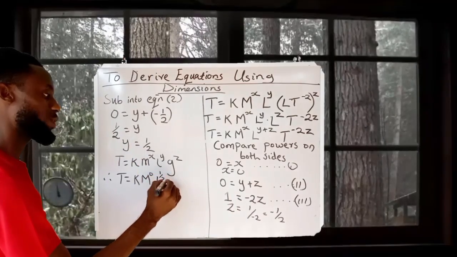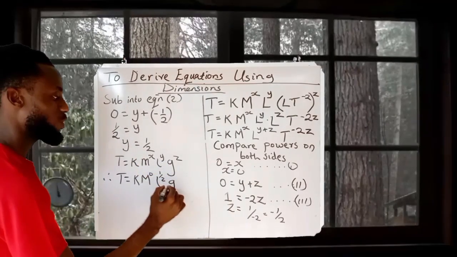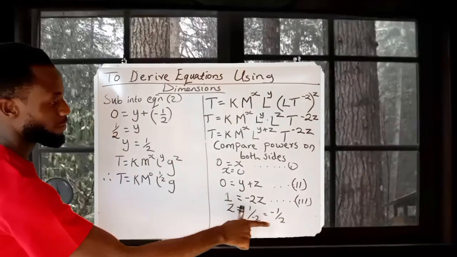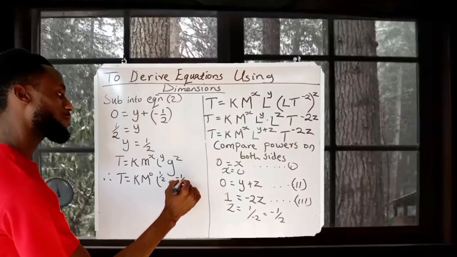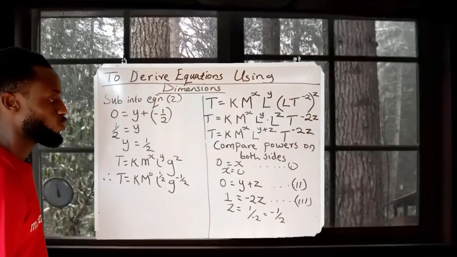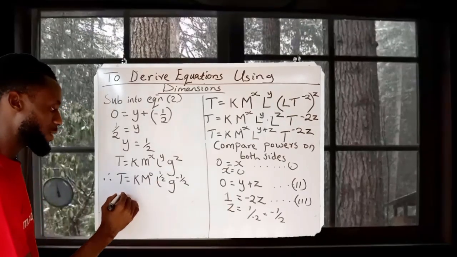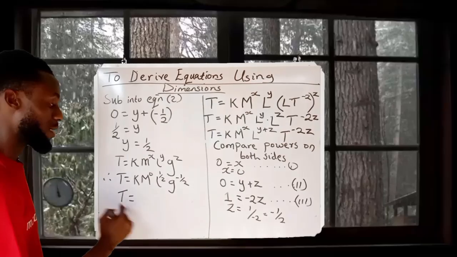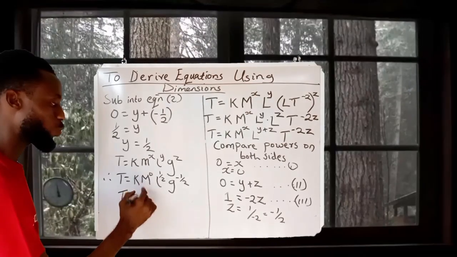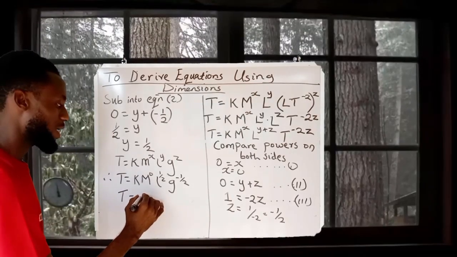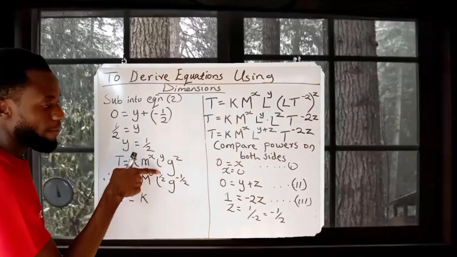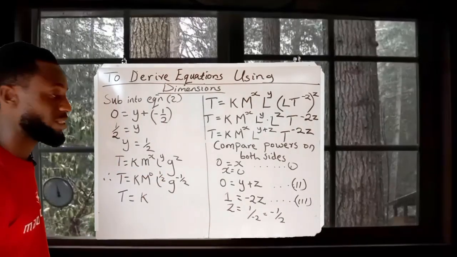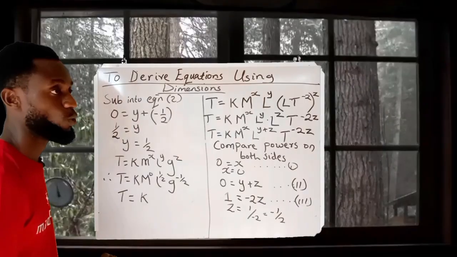So this is 1 over 2. And G raised to power, we have Z already as minus 1 over 2. This becomes minus 1 over 2. So that simply means that our T is equal to, with this one vanishing completely, we now have K power of 1 over 2.